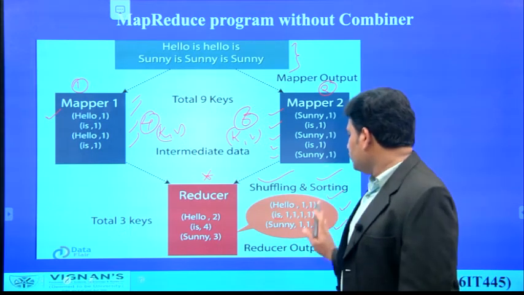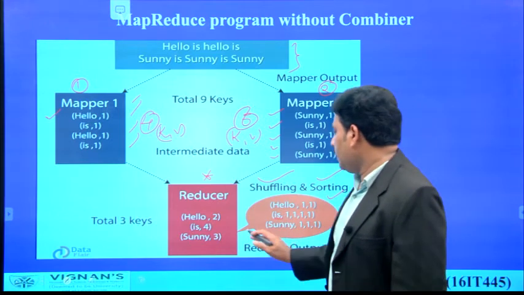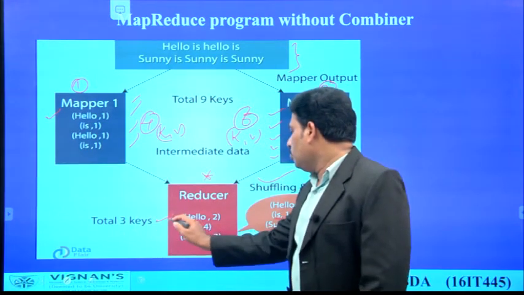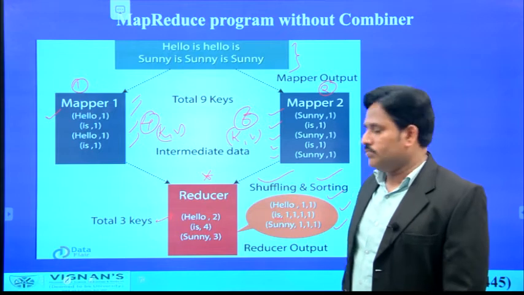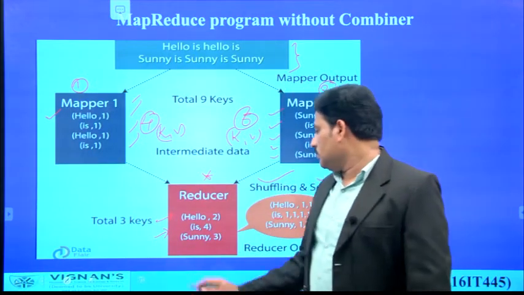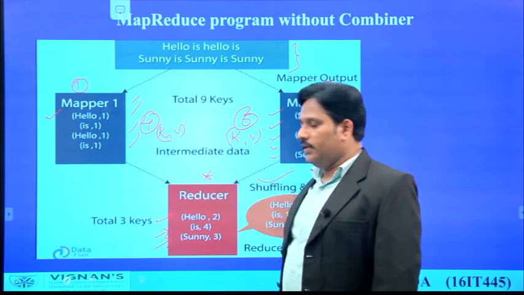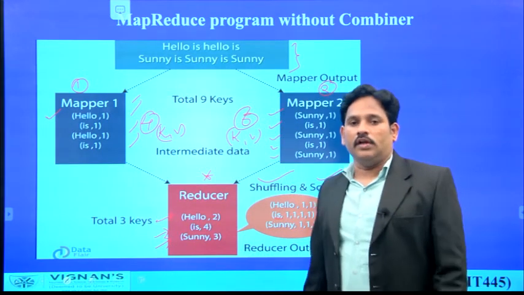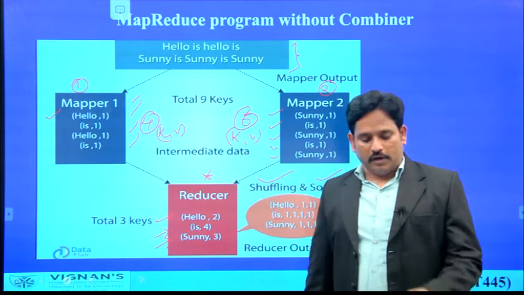After aggregation, hello is 2 times, is 4 times, sunny 3 times. That means all shuffling and sorting are applied directly on the reducer.